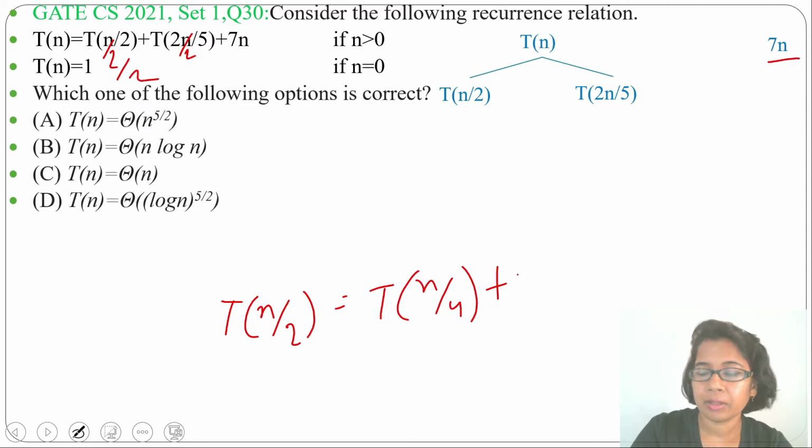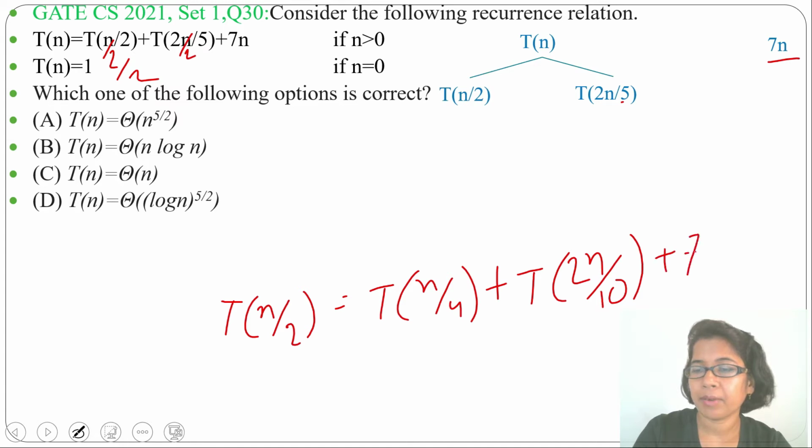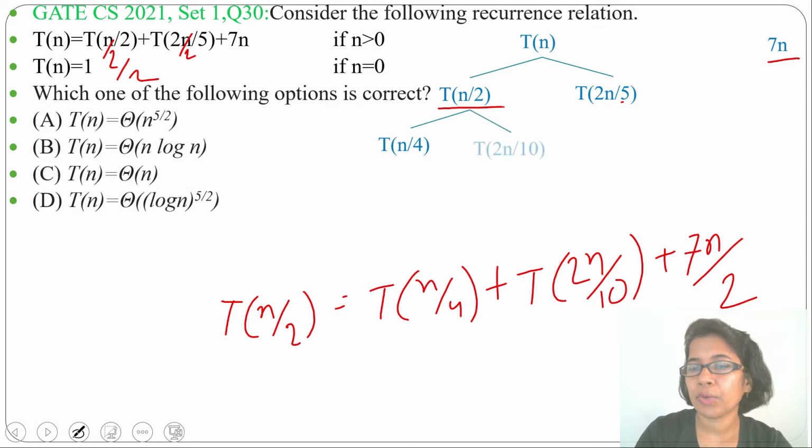It will be t of 2n divide 10. 2 multiplication 5 is 10, plus 7 multiplication n divide 2, 7n divide 2. So time for n divide 2 will be time for n divide 4 plus time for 2n divide 10, or we can say n divide 5 if you cancel the 2, and 7n divide 2.